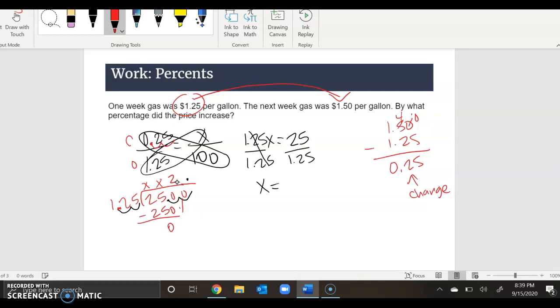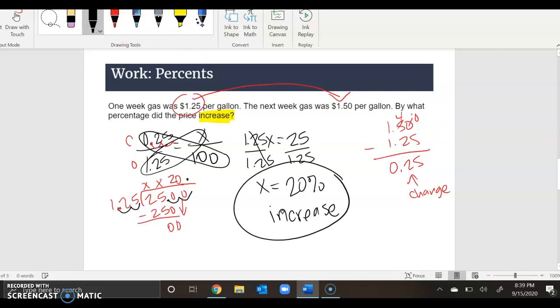Subtract, nobody left, drop a 0, bring it back up top. So this is a 20% increase this time because my price went up. Therefore, it is an increase.